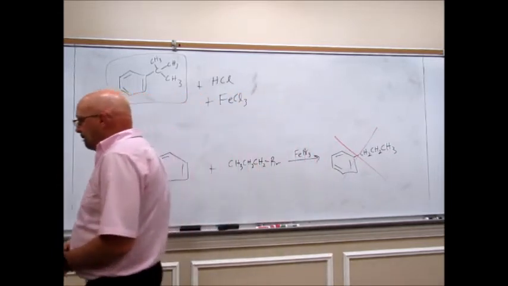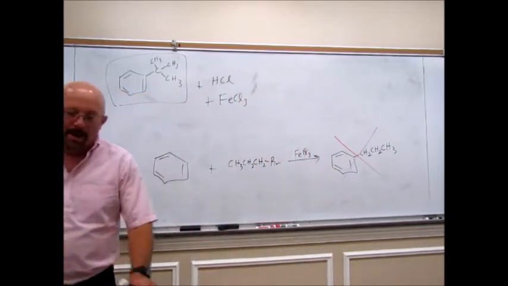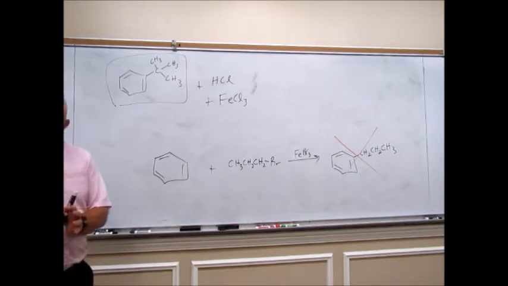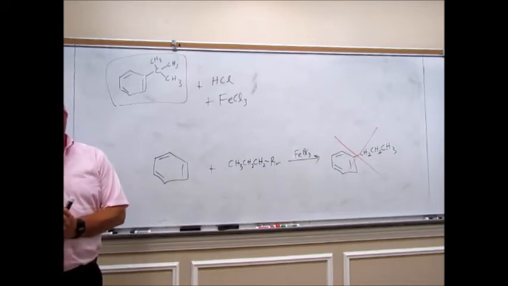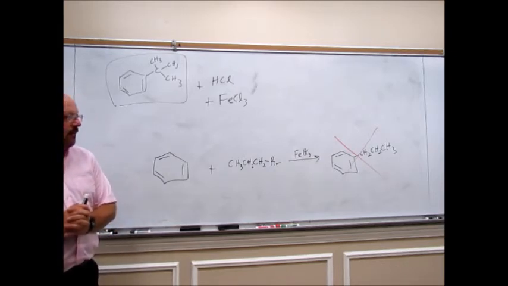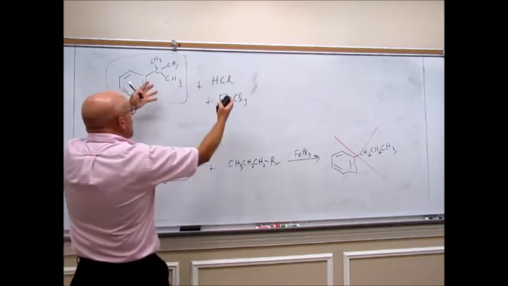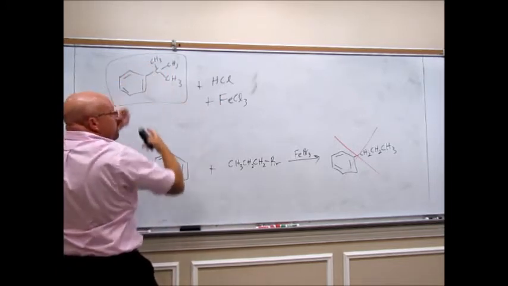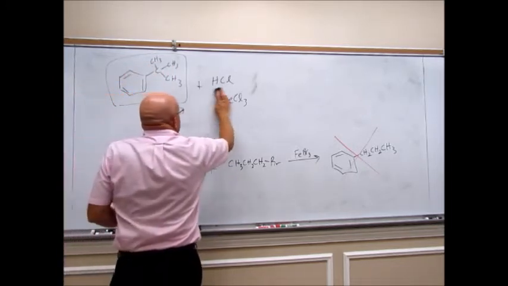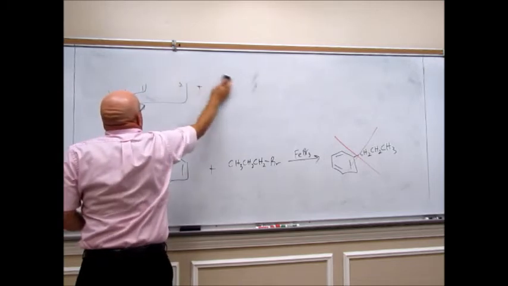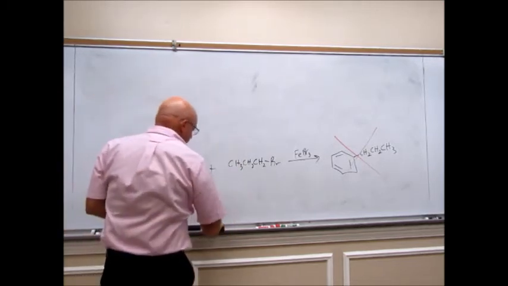We don't get that. Why not? Let's go through our mechanism and see. Something didn't work right here for this reaction. In the previous one, we just stuck that alkyl group right onto the ring.